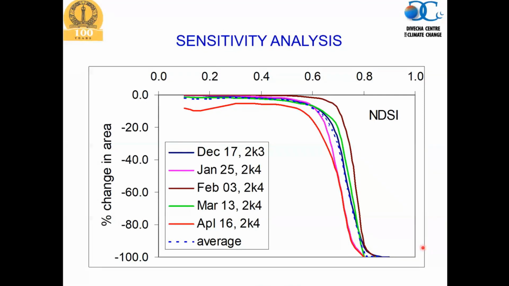You start with 0.1 and see how much the area is. You change it to 0.2, and you calculate the percentage change in area. You go to 0.3, 0.4, 0.5, like that, and then you see where the threshold is, from where the slope starts losing the land. It means that is the point from where we start losing the snow. So that should be the threshold value. So this is very close to 0.4.